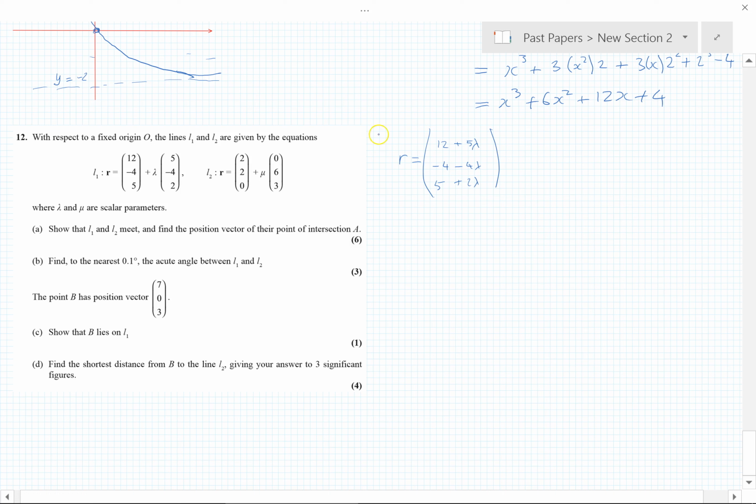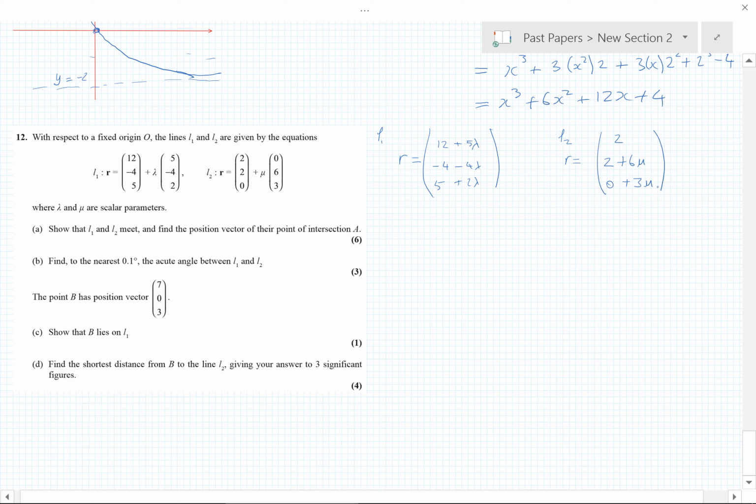That's line L1, and L2 is r equals 2 plus 6 mu, and 0 plus 3 mu.